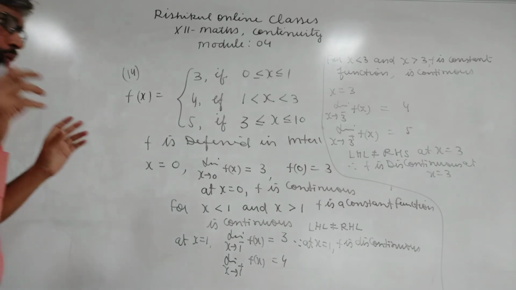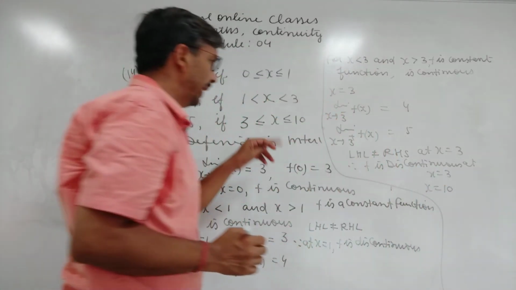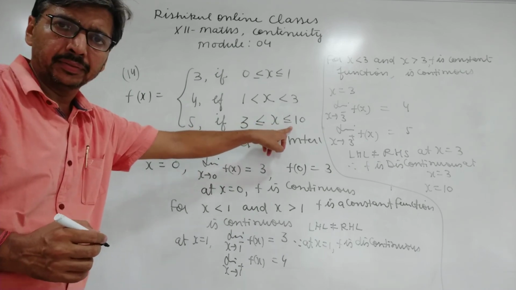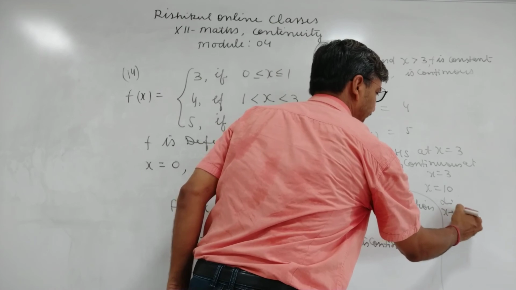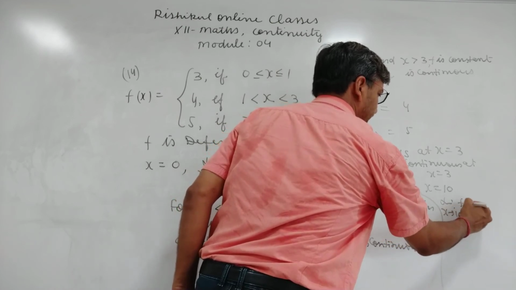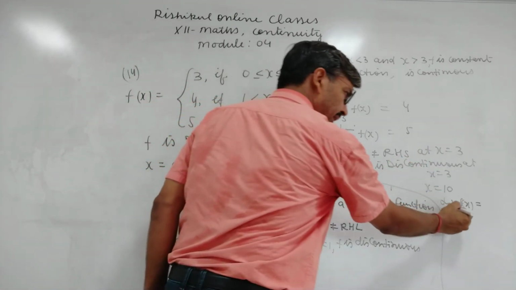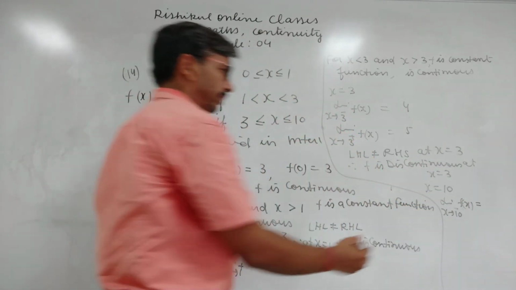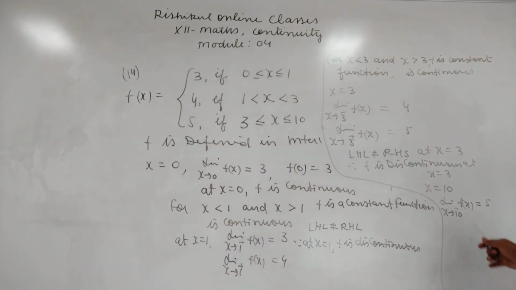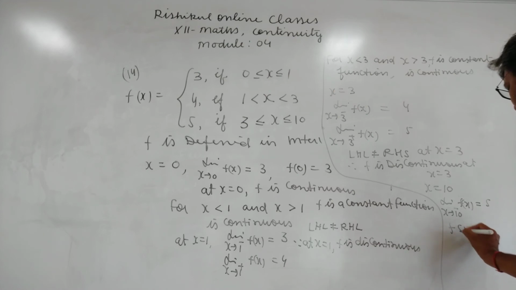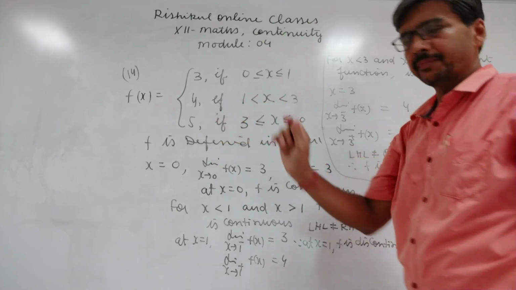And now at x equal to 10. For x equal to 10, limit x tends to 10, f(x), and this is less than or equal to 10, so we can write here left limit, and that will be 5. And the value of function f(10) is also 5, because at x equal to 10 function is 5.